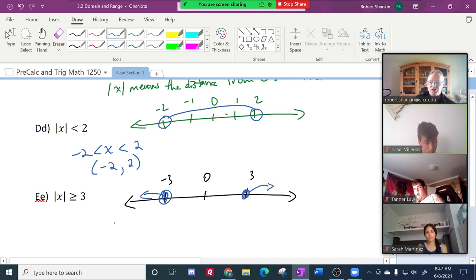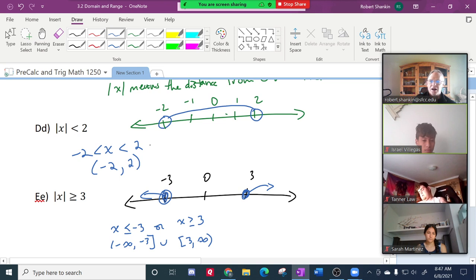And so the solution is going to be x is less than or equal to negative 3, and then the key word has to be or x greater than or equal to 3. In interval notation, it's from negative infinity to negative 3, union 3 to infinity.